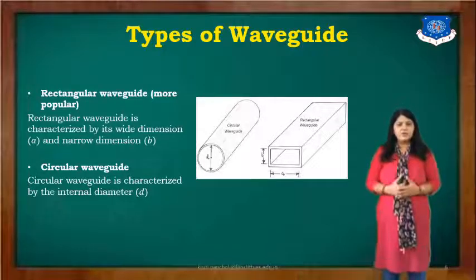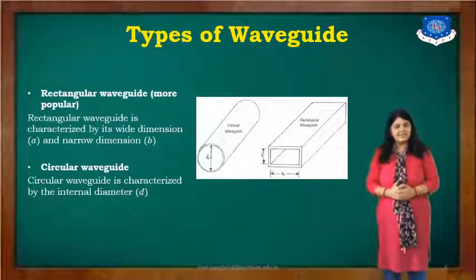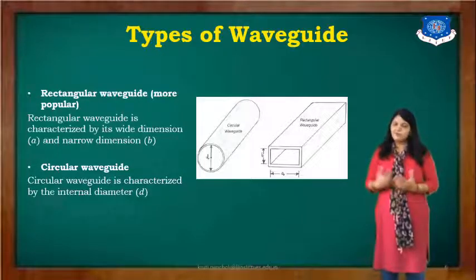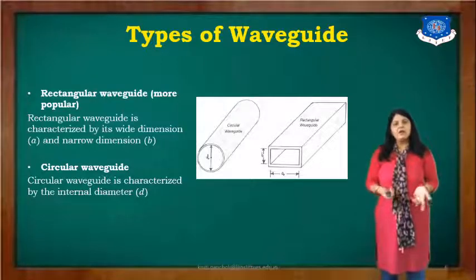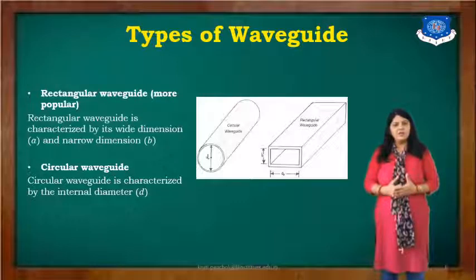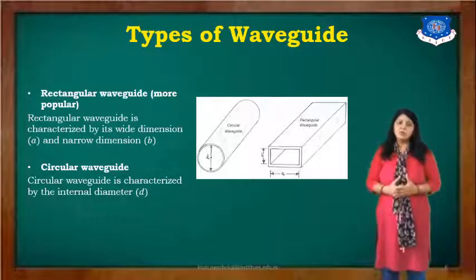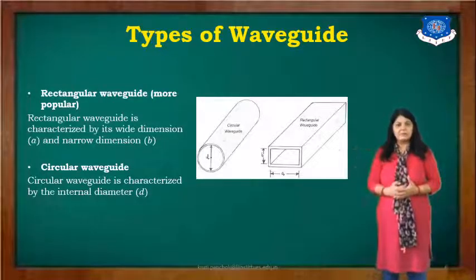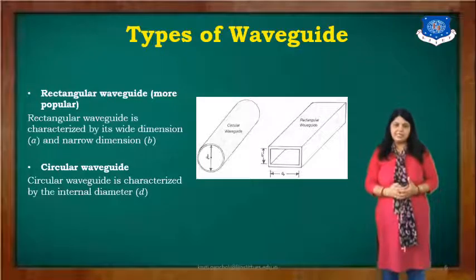In the diagram you can see the wide dimension, that is A, and the narrow dimension, that is B. So this is the rectangular waveguide, with the dielectric medium having less loss. The circular waveguide is characterized by the internal diameter, and here in the diagram you can see the internal diameter, that is D.